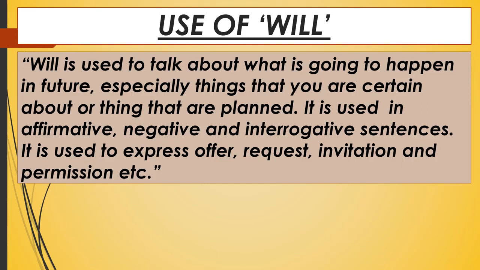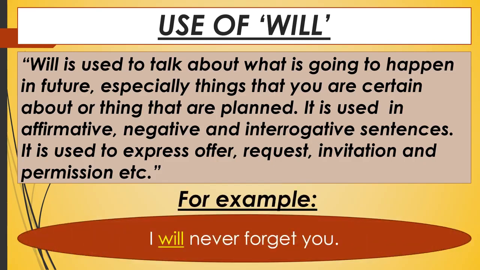It is used in affirmative, negative and interrogative sentences. It is used to express offer, request, invitation and permission, etc. Will is more friendly or informal and hence calls for lesser politeness. For example, I will never forget you. So here, will is used to talk about the future and it is a part of modal verbs.